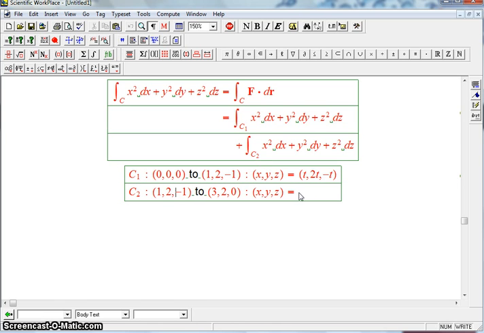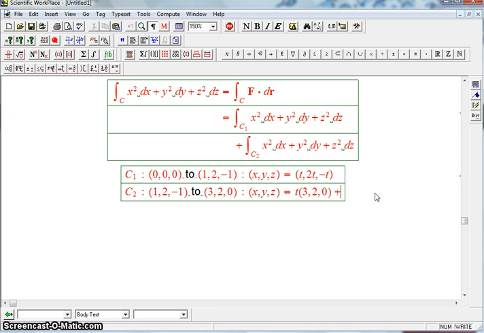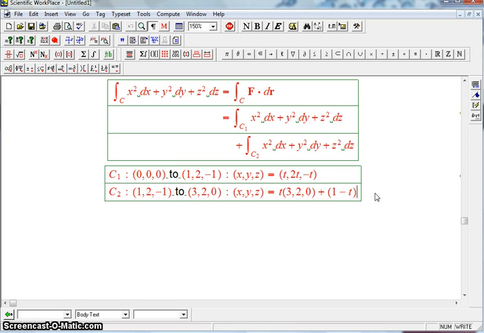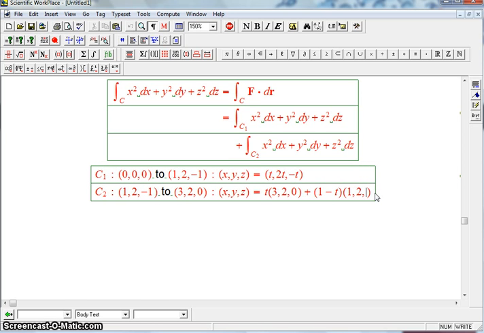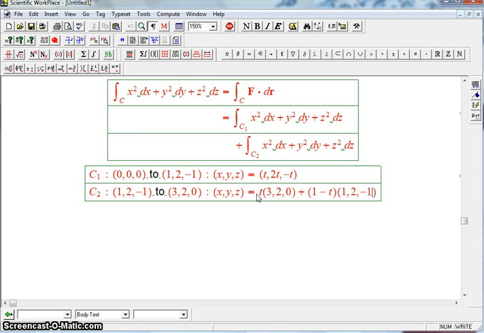Okay. So remember, we can always parameterize it as t times the destination point plus 1 minus t times the origination point. That's going to be a straight line because it's linear, and when t equals 0, you default to the origination, and when t is 1, you get to the destination.